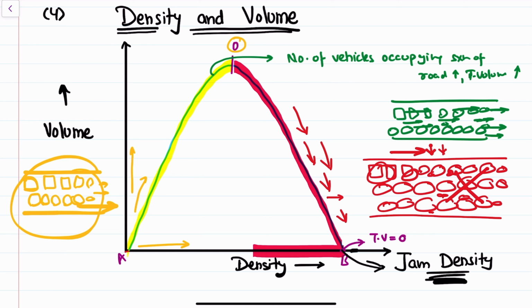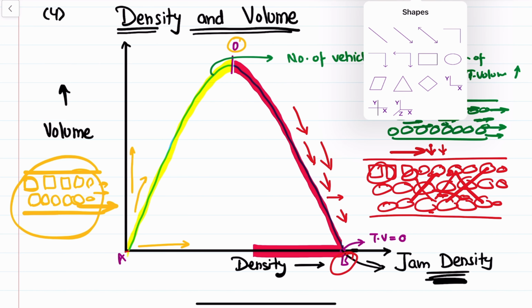That is what happens in a traffic jam scenario. The vehicles are now standing still, right? And that is why this point B shows the jam density.